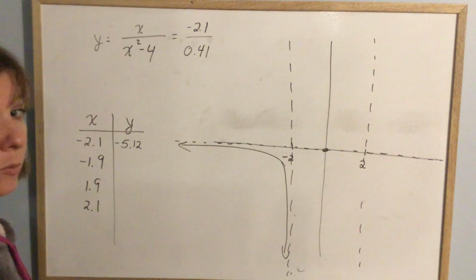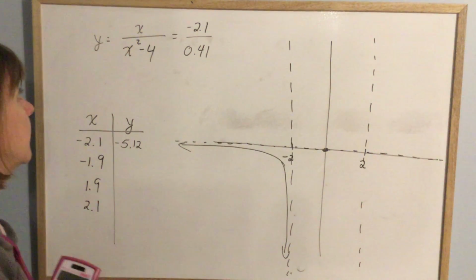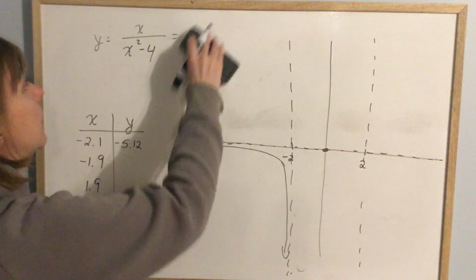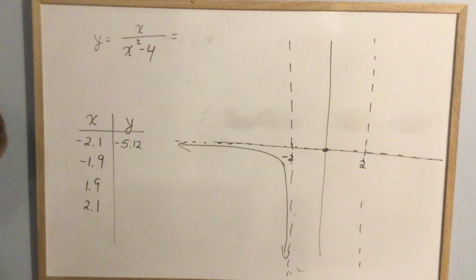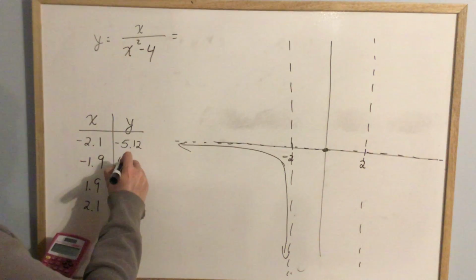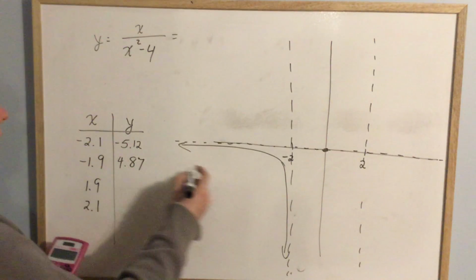-1.9 would be, again, I'm just going to put this in my calculator, 1.9 squared minus 4. So -1.9 divided by my answer, I get +4.87.